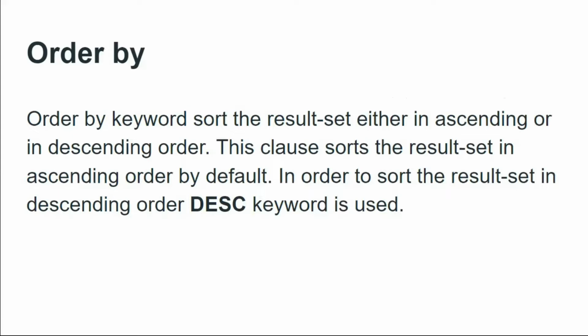If you want to sort in descending order, then you have to use one more keyword called DESC. It's not describe, it is descending. It's the short form of descending. And if you want to mention even the ascending order, you can go with ASC. Even though it is default, you can use that ASC keyword. It will not throw any kind of error.